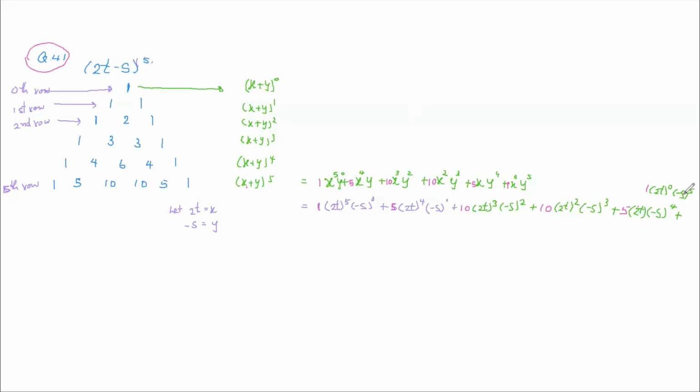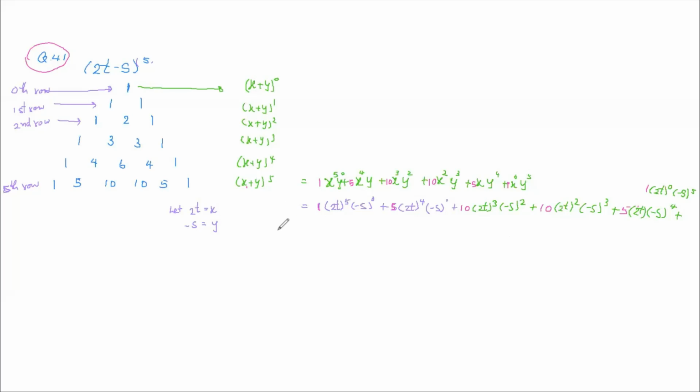Write it clearly: s power 5. Okay, so we have 1, 5, 10, 10, 5, 1. So how many terms? 1, 2, 3, 4, 5, 6 terms on the top.